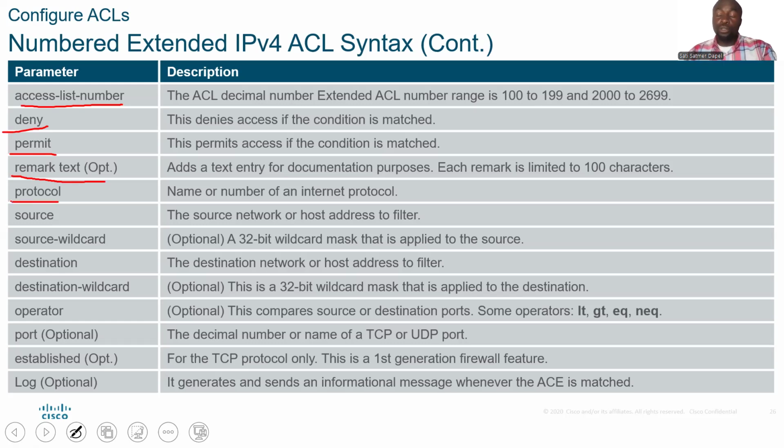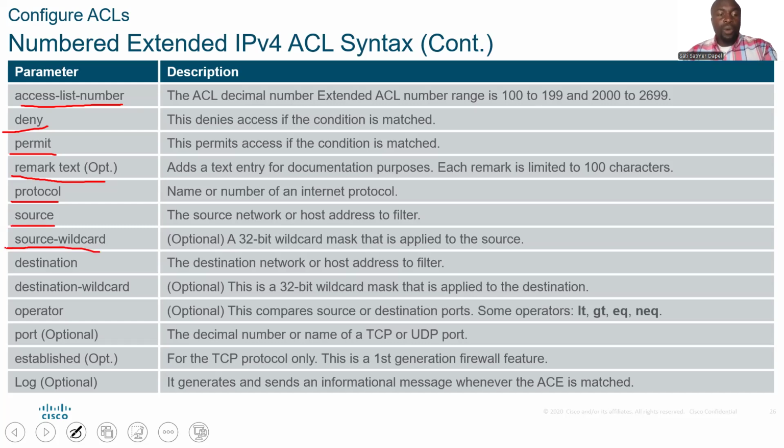We'll talk about the protocol. You see, in the standard access list, we didn't talk about the protocol. But in the extended, we'll talk about the protocol. Remember, for the standard, we say it runs on layer 3 of the OSI model, which is the network layer. But the extended runs on both layer 3 and layer 4. All right. Then we talked about the source address, which is the source IP address.